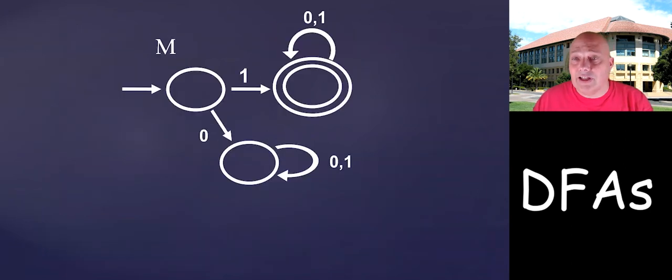Let's look at an example. We have this machine M. And now, what are the strings that are computed by this machine? And I'll ask you this several times in the video, and perhaps it makes sense to stop the video at each one of these times and try to answer it by yourself.